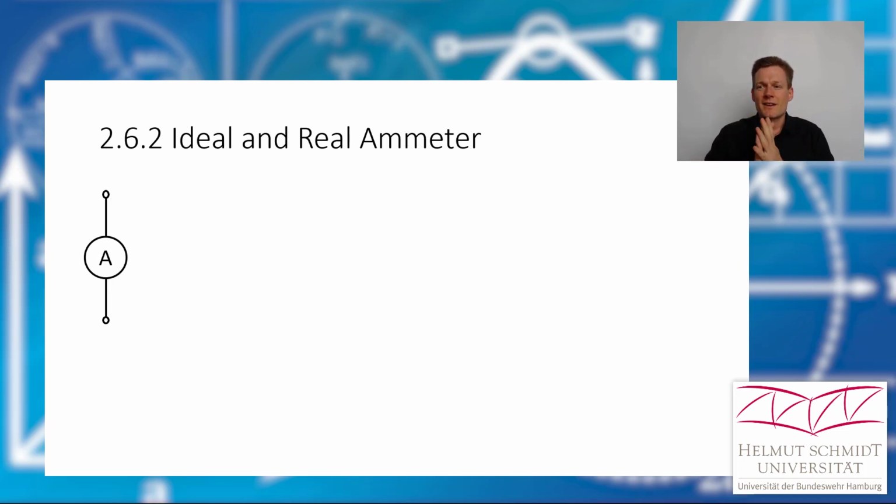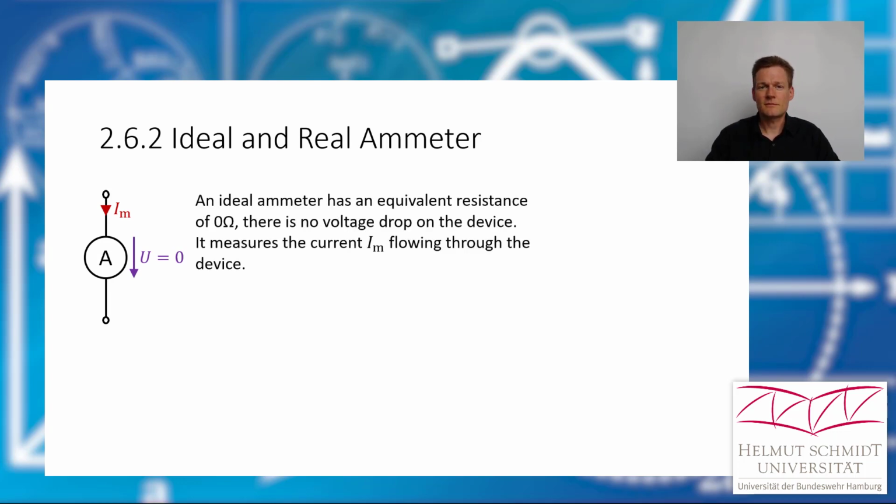And if we had an ideal ammeter, then the current would flow through it and there would be no voltage drop at the device. So it would have no influence on the circuit. So an ideal ammeter has no voltage drop. And that means it has an inner resistance of 0 ohm.